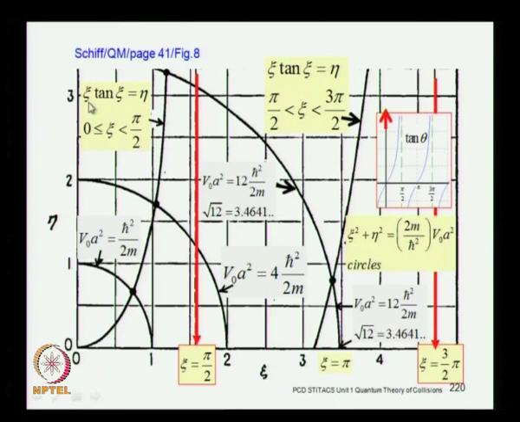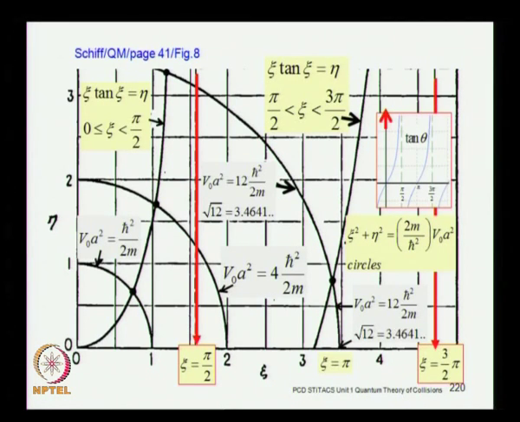So, the tangent of the angle multiplied by the angle itself is what gives you xi tan xi, and this has been plotted on the y axis. So, this is not exactly the tangent curve, this is tan xi multiplied by xi, and this curve intersects these circles, and wherever it intersects is where you will have a bound state.